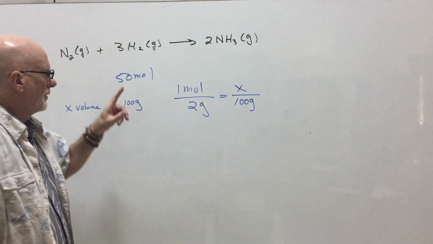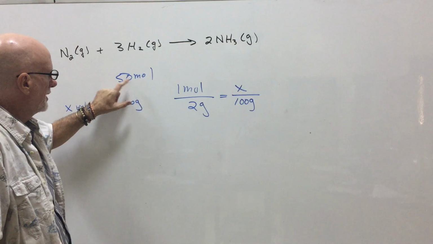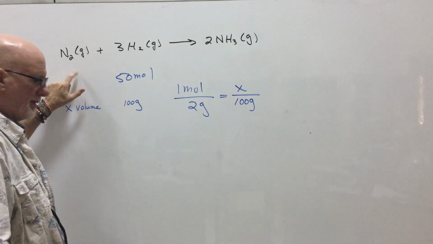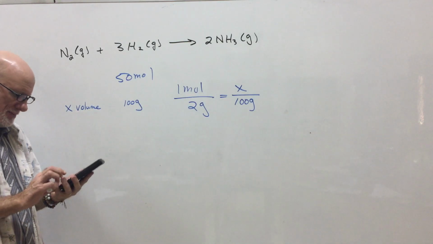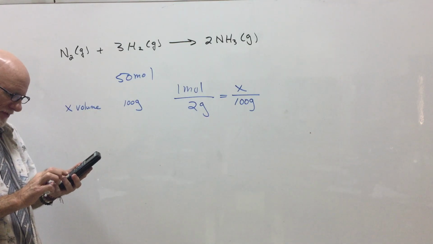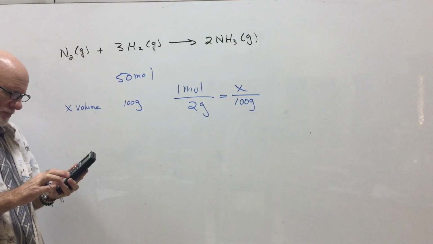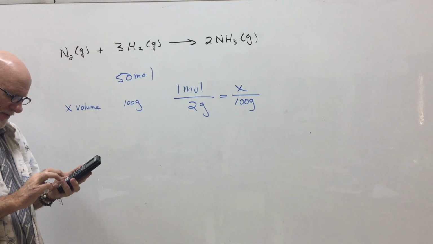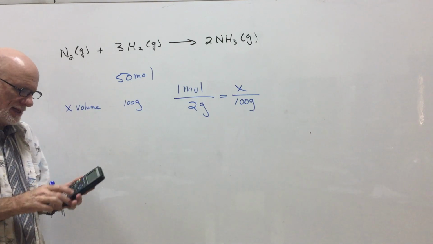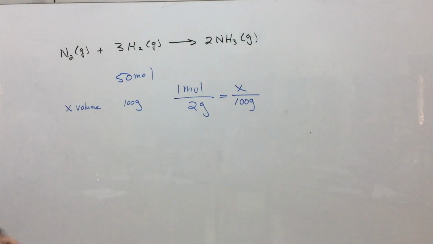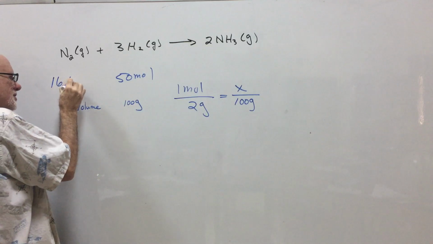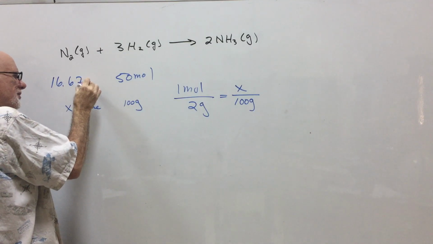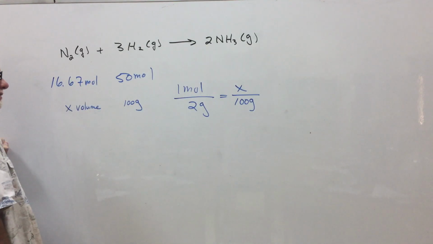So this number is 3 times what that number would be. So what is 50 divided by 3? 50 divided by 3 equals 16.67. Or just 17, but I'm rounding for round off reasons. Correct? That many moles? Is that okay?